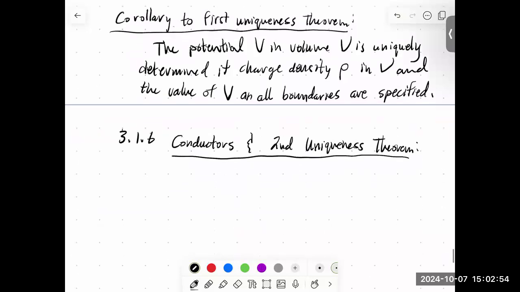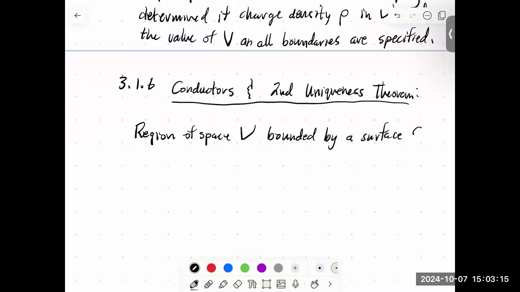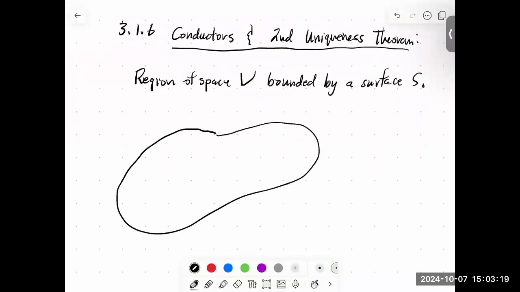So the geometry is going to be the following. We're going to have a volume of space, script V. So we have a region of space V bounded by a surface S. Okay, and so here's my surface.